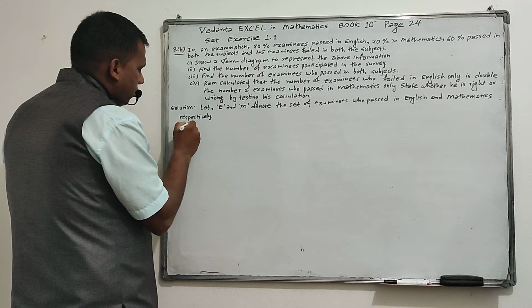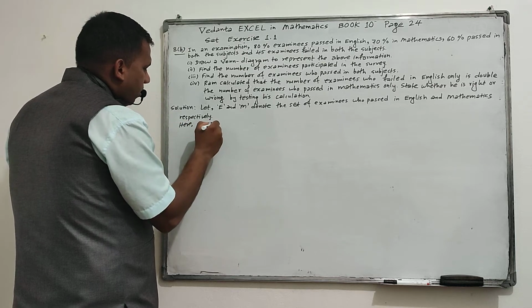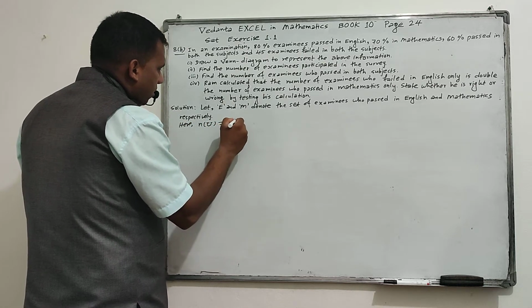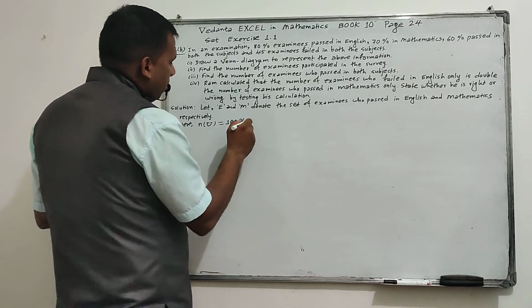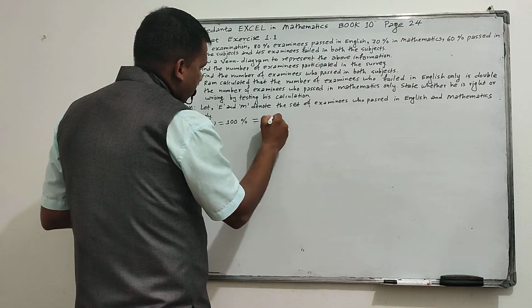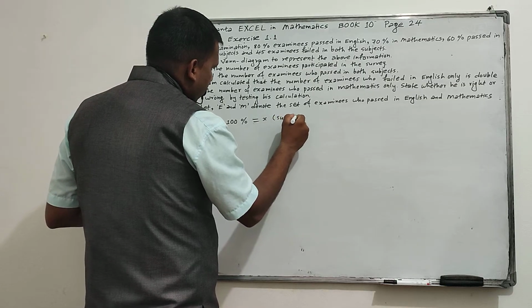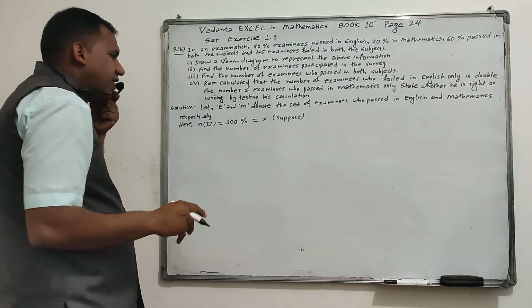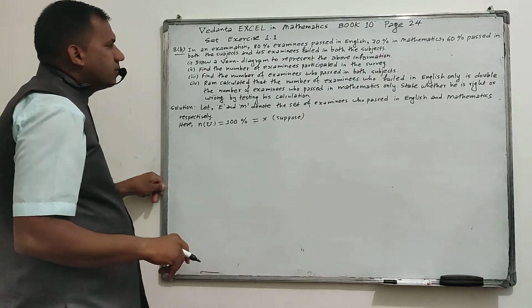Here, number of U equals 100%, equal to X. Suppose this X is in number, and 100 is in percentage.